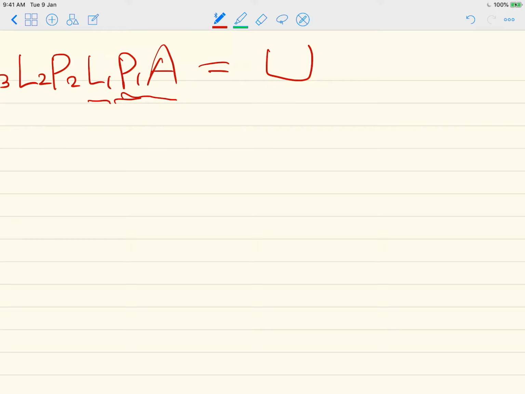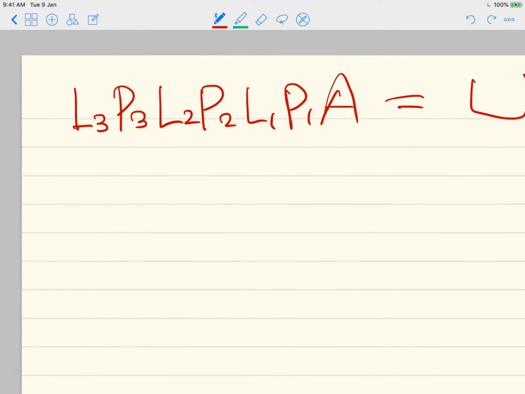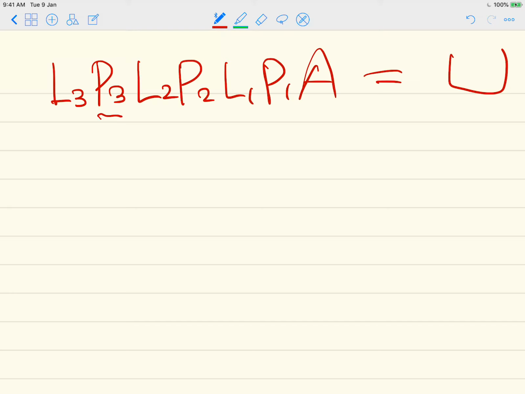And then we do the second step of permutation, right? Let's try to move this P3 one step to the right.